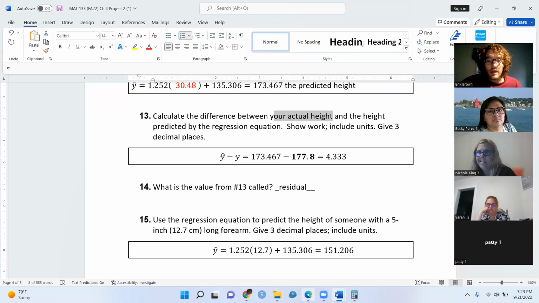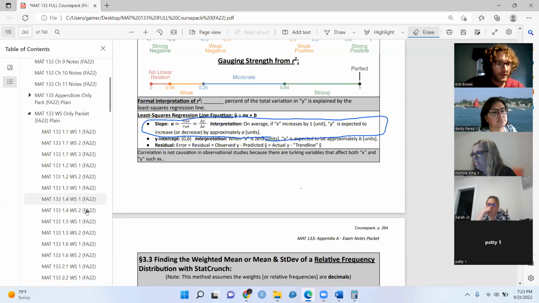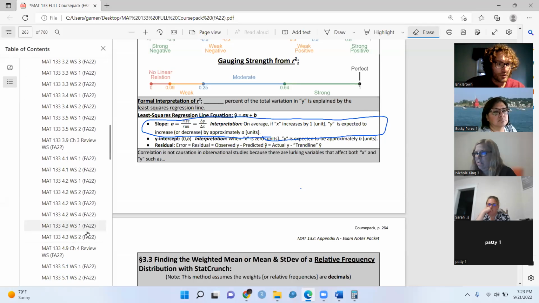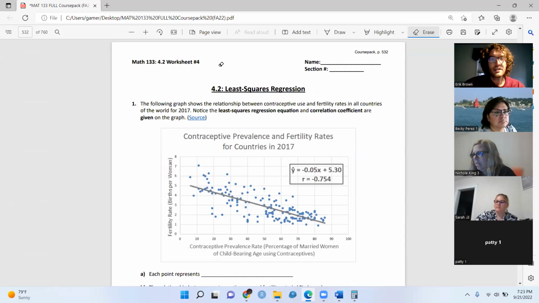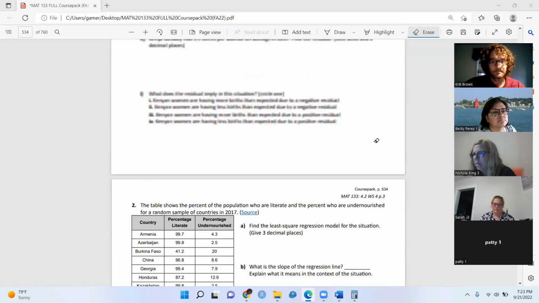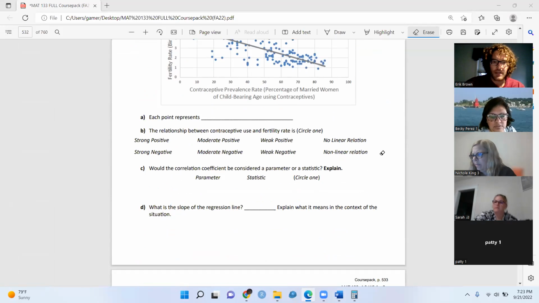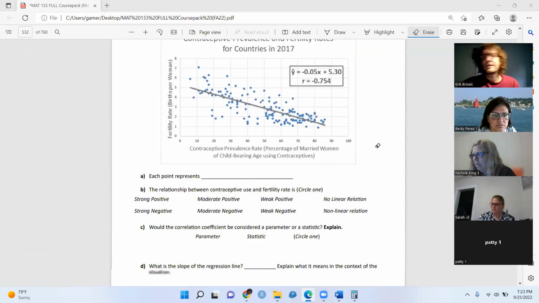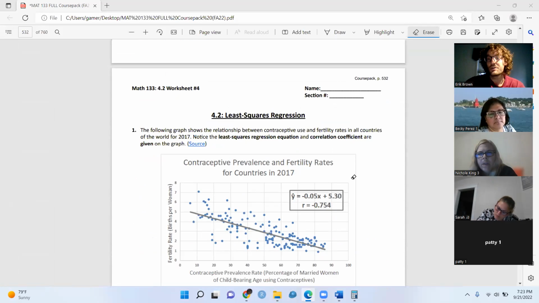Okay, so let's go to the same thing, but a little less stuff. Let's go to the 4.2 worksheet number 4, and let's see how you do with this. Can you get through this whole worksheet? Let's do 5 minutes for the first page and I'll check in. Set a timer for 5 minutes. It's page 532.